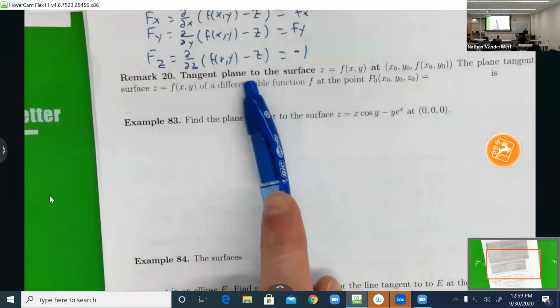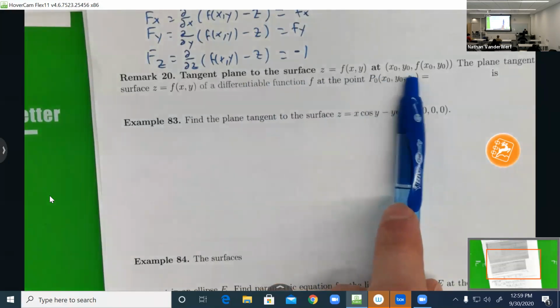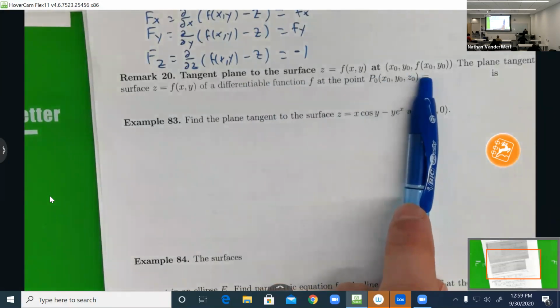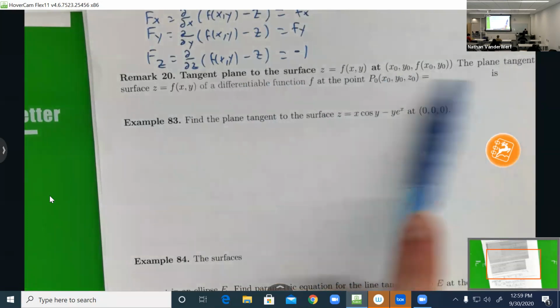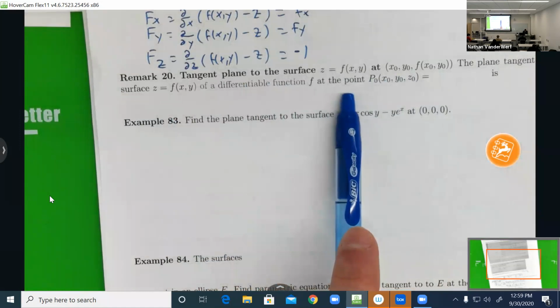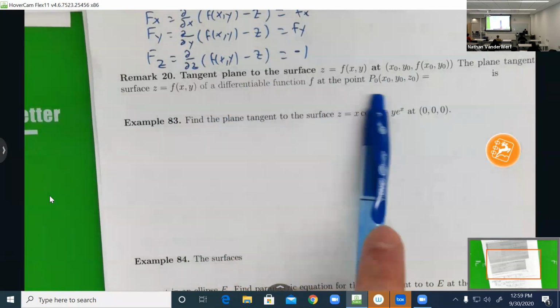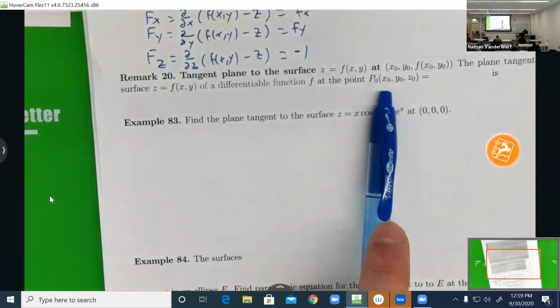So we can write this. The plane tangent to the surface z equals f of x, y of a differentiable function at the point p0, sorry, x0, y0, z0.